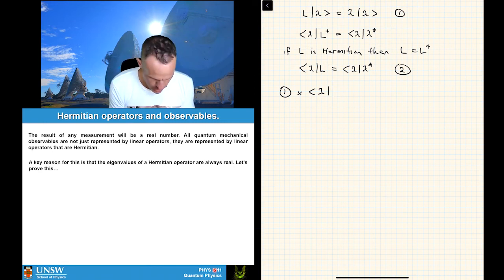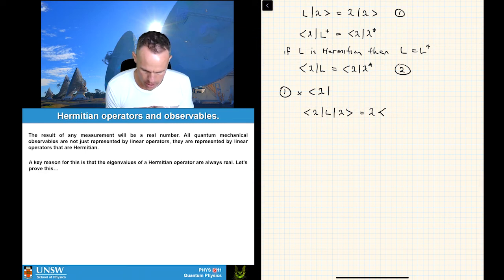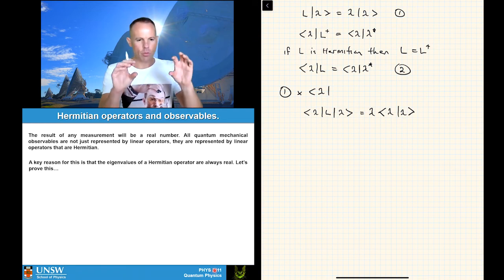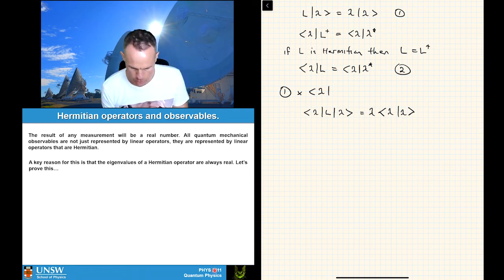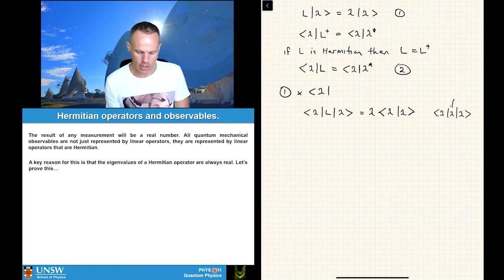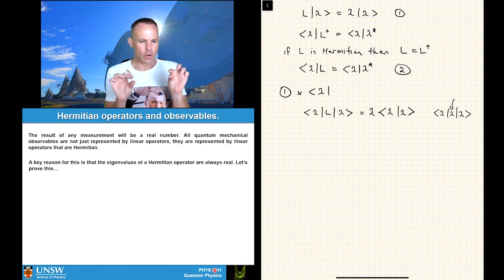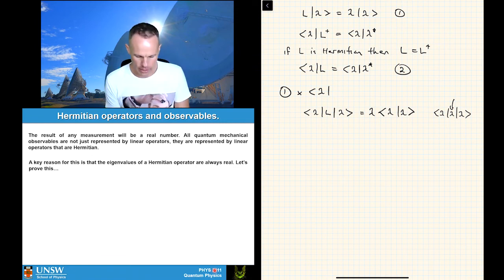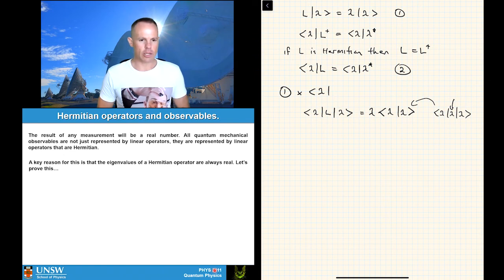So what this would be is <λ|L|λ> = <λ|λ|λ>, like so. And you could imagine I could have equivalently written λ<λ|λ> if I wanted to, but because this thing here is just a number, we know that we can just pull the number out the front, and so that's why I end up with notation that looks like that.